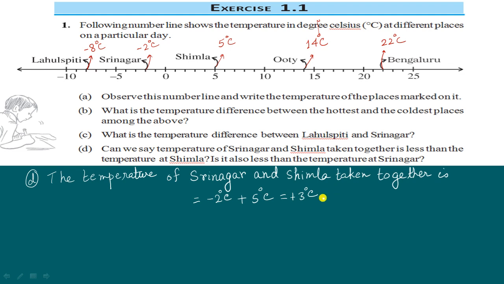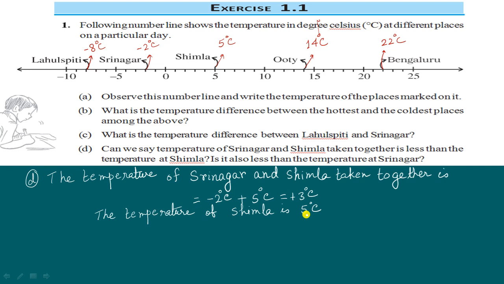Therefore, we are finding that the temperature of Srinagar and Simla taken together is 3 degrees centigrade, and the temperature of Simla is 5 degrees centigrade.